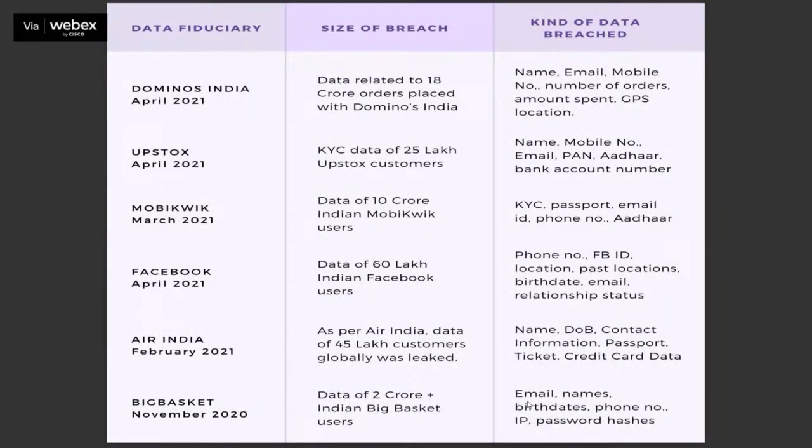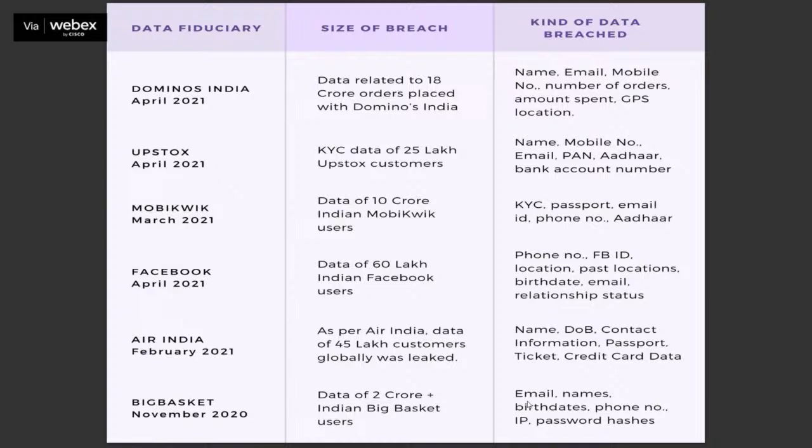So, if we are talking about the internet, we should also talk about how many data frauds actually happened in previous months or previous years. You can see these are the famous companies or organizations which had data breaches.